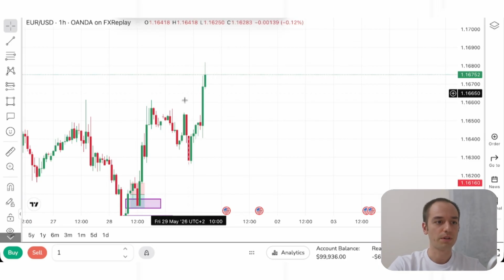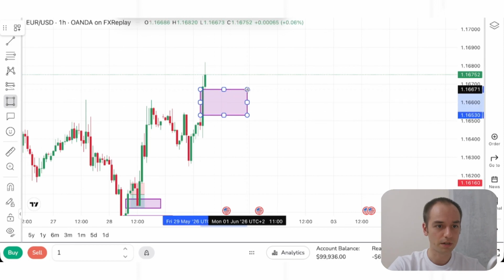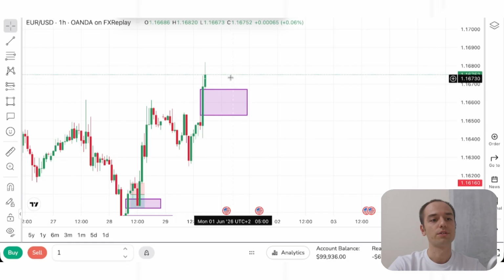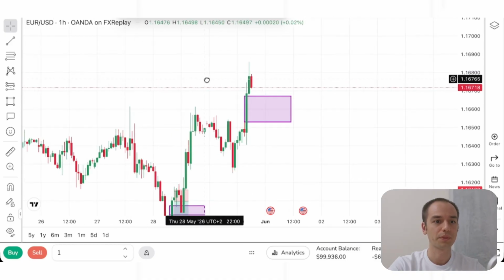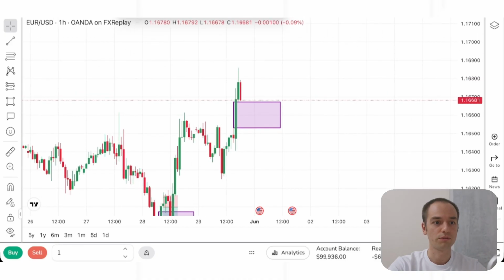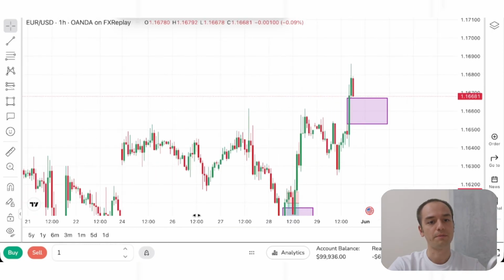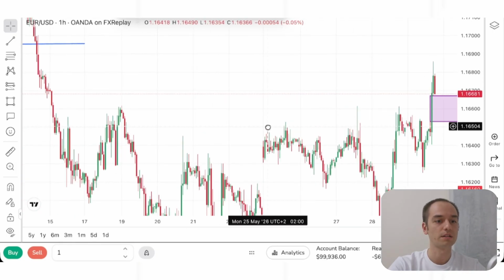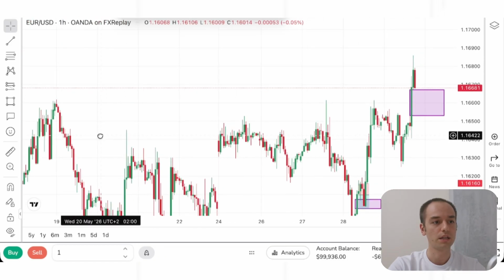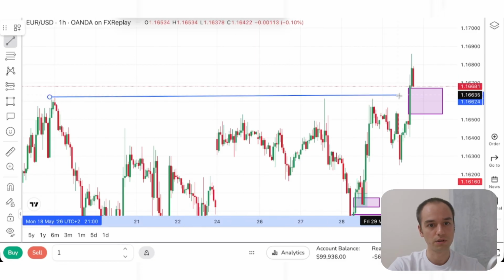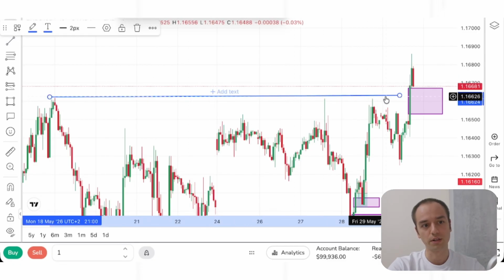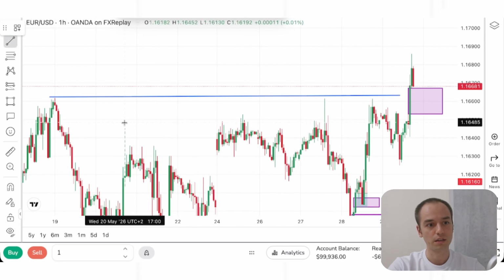Okay, so let's see what's happening here. We basically have our imbalance, our green candle. This could as well be our liquidity sweep. Overall, again, we're not basing our trade only on imbalance. What we're seeing here is that this was a liquidity sweep for all of this liquidity, all of these equal highs here as well.